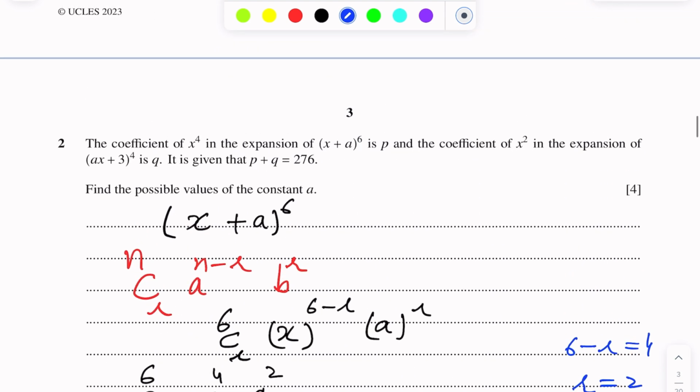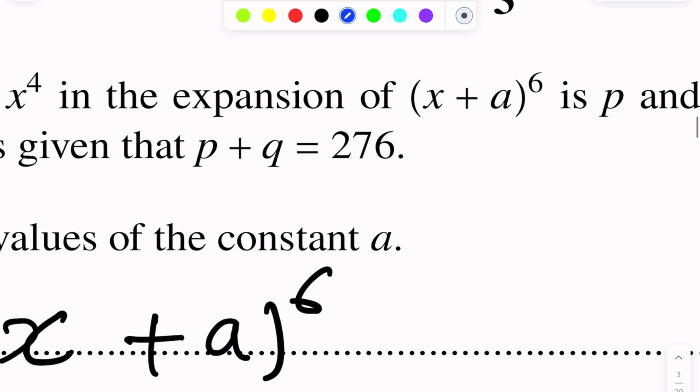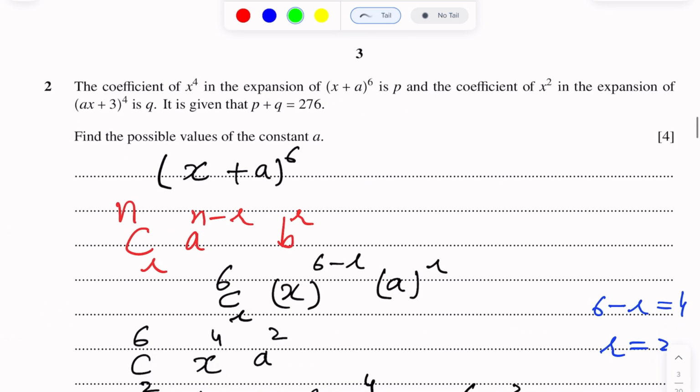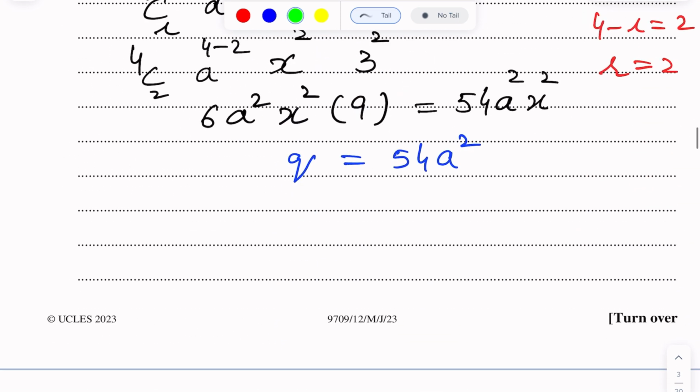But it is given in the question that p + q is equal to 276.